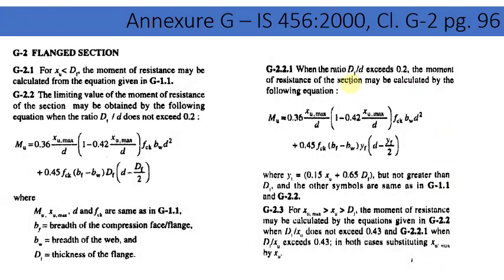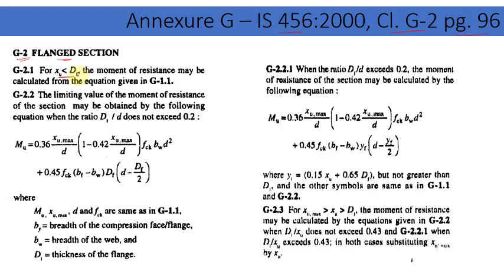We will see now the provision which has been given in IS 456:2000 for computing the limiting moment of resistance of flange section. You can go to clause number G-2 in page number 96. Here we have the screenshot of clause number G-2, which is related with flange section. As I said, we have two possibilities of neutral axis location. One is that the neutral axis is going to be less than the depth of flange.